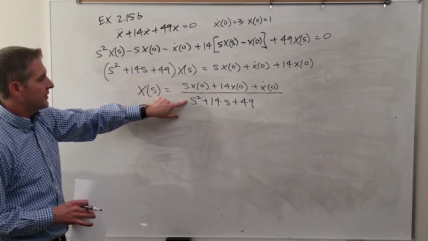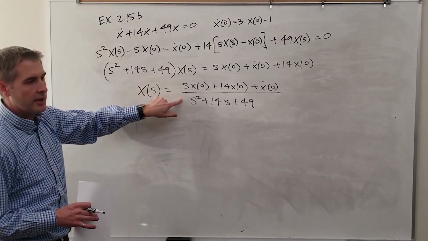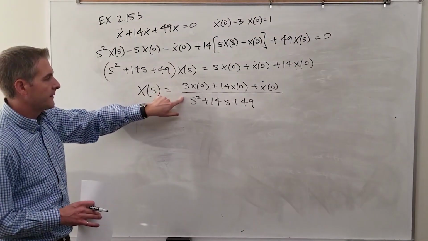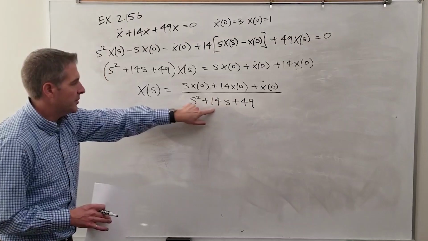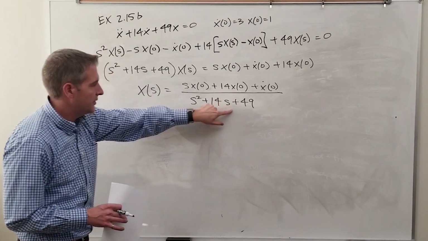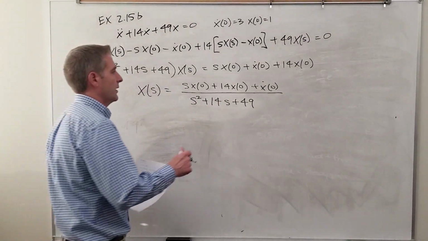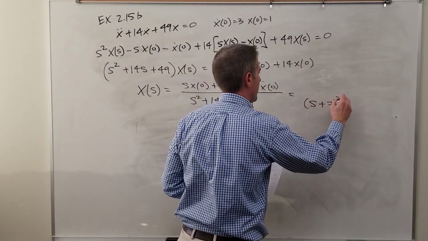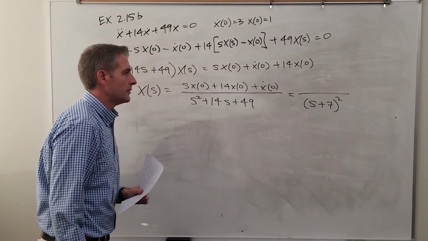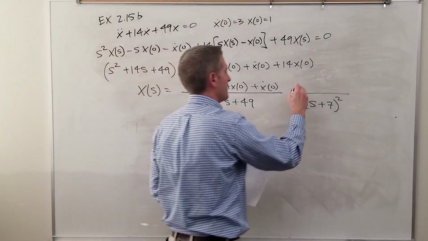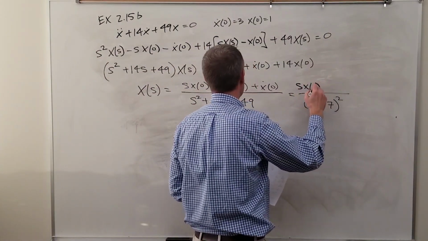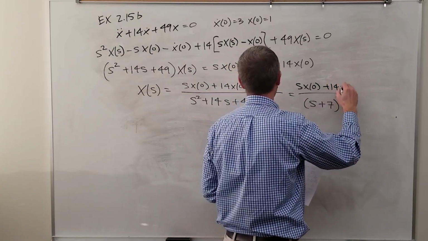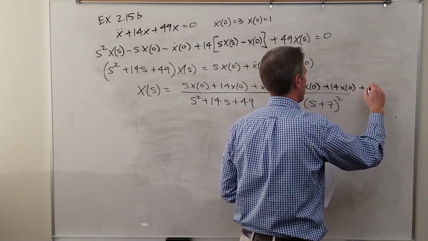Well, we should recognize that this denominator value, which we're going to start calling the characteristic equation, has a way to simplify it, because we can see that it's actually a squared value of s plus 7 squared. And we'll carry over everything else on the top: s x0 plus 14 x0 plus x dot 0.